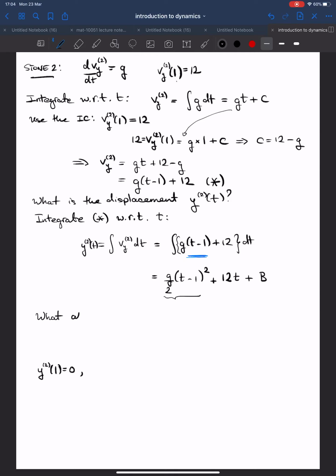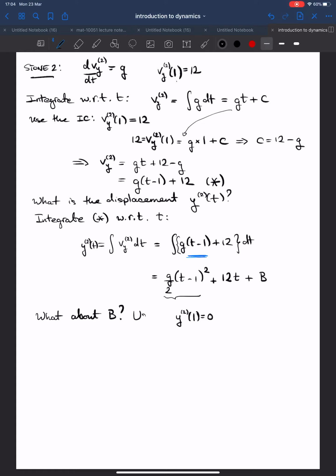So what about b? Well, I'm now going to bring in the initial condition, because without these, arbitrary constants are pretty much difficult to determine, if not impossible.